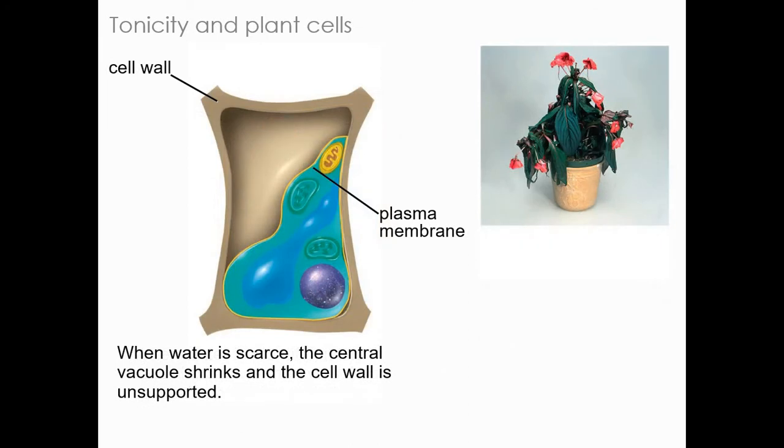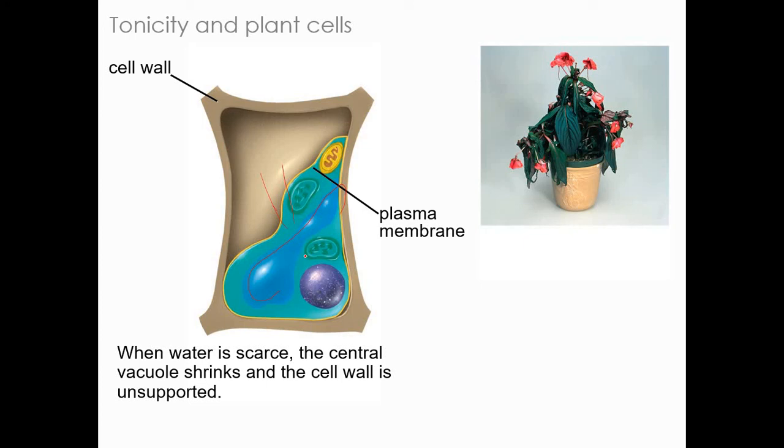But if water is scarce, class, then that means the central vacuole will shrink. It's not enough to push the cytosol against this cell wall. Remember that the plant cell differs from the animal cell because it has a cell wall, di ba?